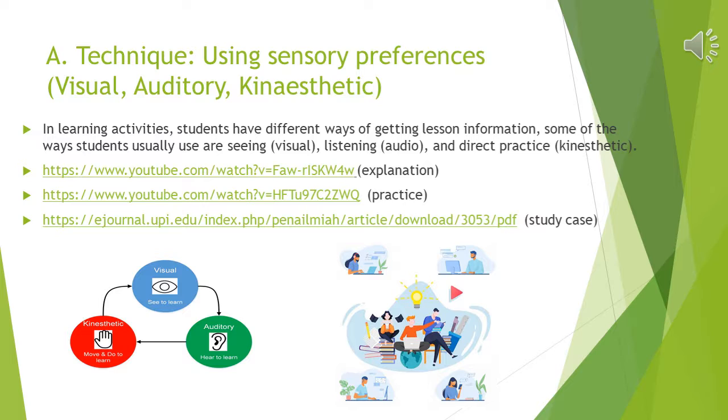That is why it is recommended to use the VAK model of learning, because it combines the three methods into one in learning activities, so that the potential of students will develop in more than one ability. And for more information about this technique, you can check these several links that will give you information that can help you understand this technique more.